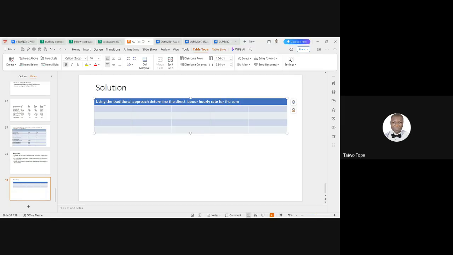For us to do this, we have two products: we have standard, and we have the loss.